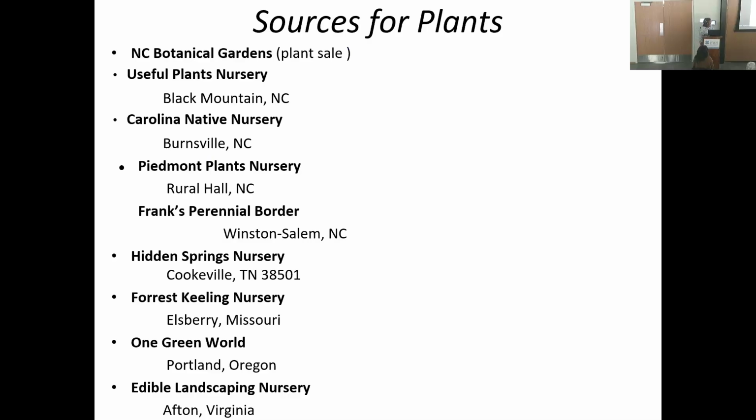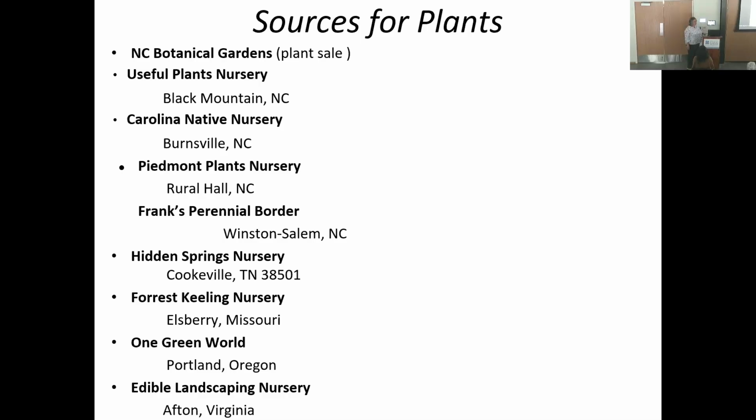So here are some nurseries. Well, of course, the Botanical Garden has the sale here. I put all of our good North Carolina nurseries first. Useful Plants Nursery in Black Mountain. If you ever go to the Organic Growers School, they are always there. Carolina Native Nursery, they have a wholesale and a retail.